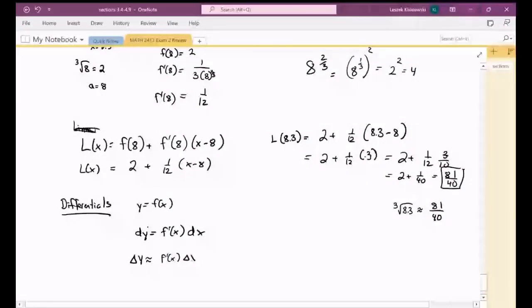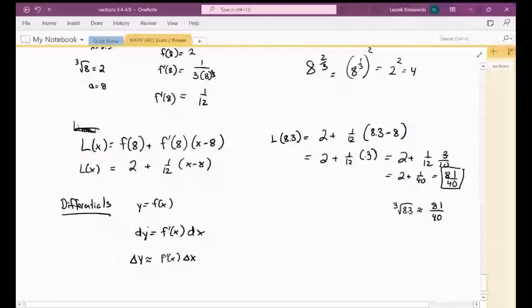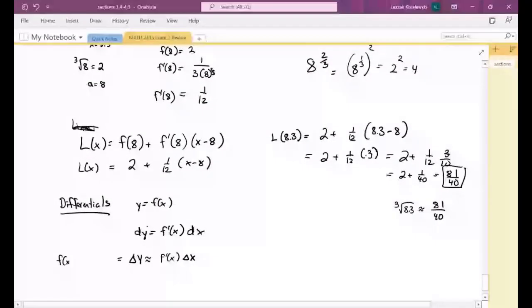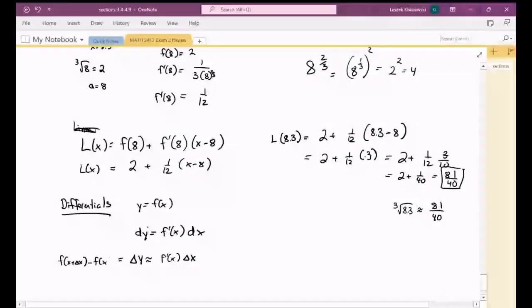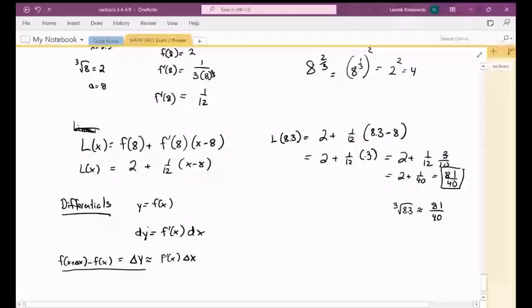Right, if you replace dx with a number, a small change in x, if you will, that should approximate by how much the function has changed as you veer away from x. So the actual change is the distance between the function at x, and then at x plus some little perturbation there.